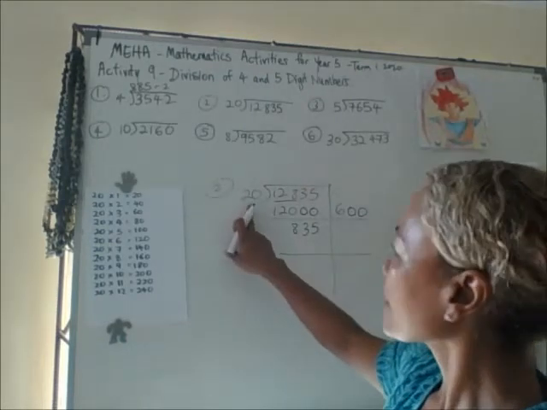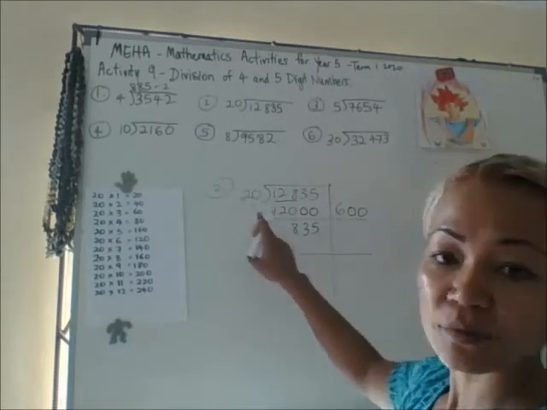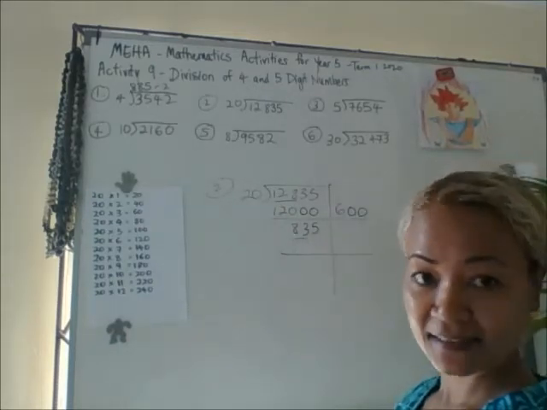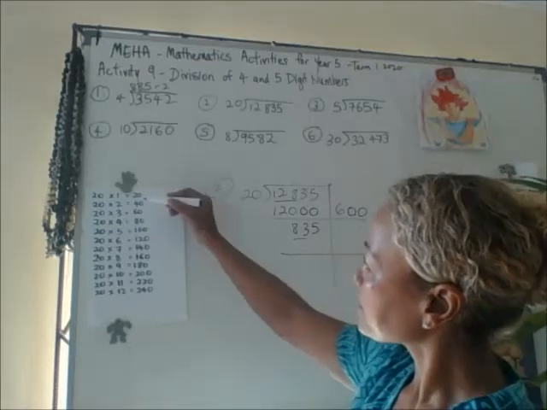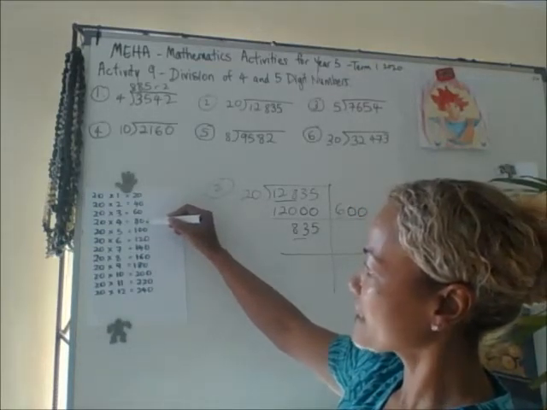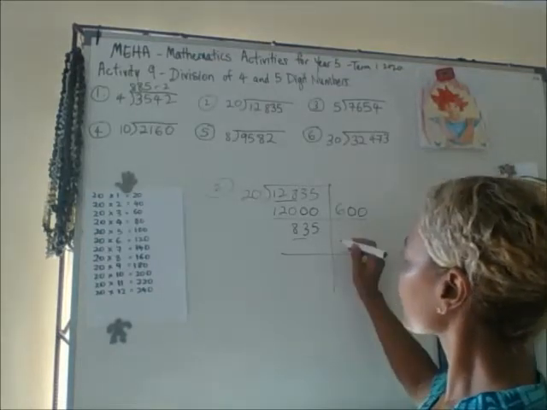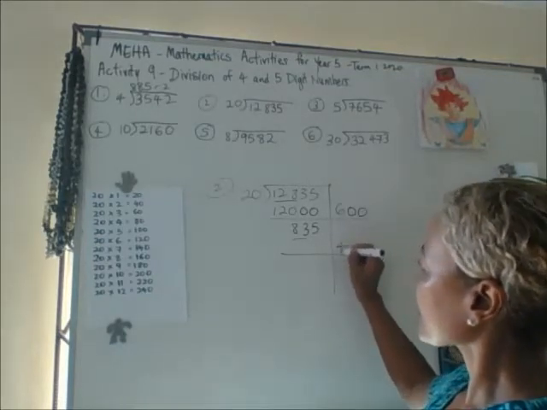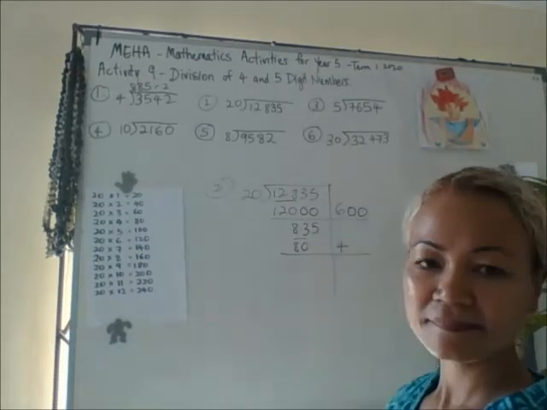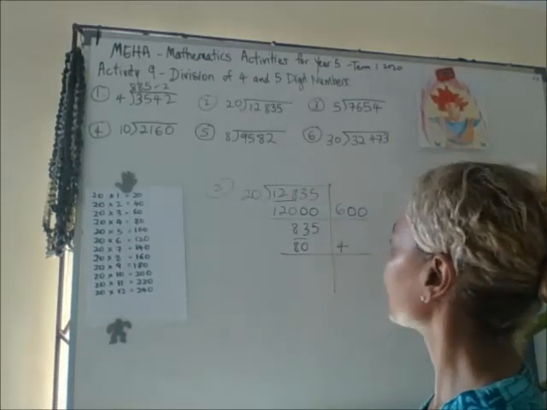Okay. Does 20 go into 8? No, it doesn't. Does 20 go into 83? Yes, it does. 83. So 20 times 4 is 80, right?